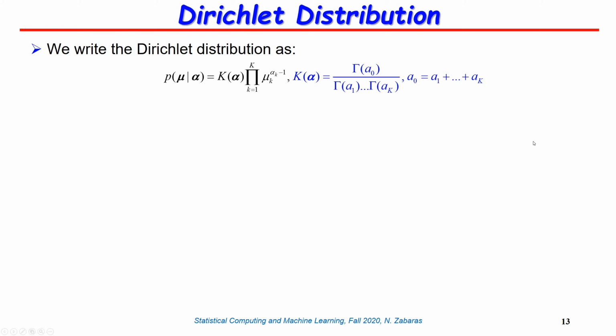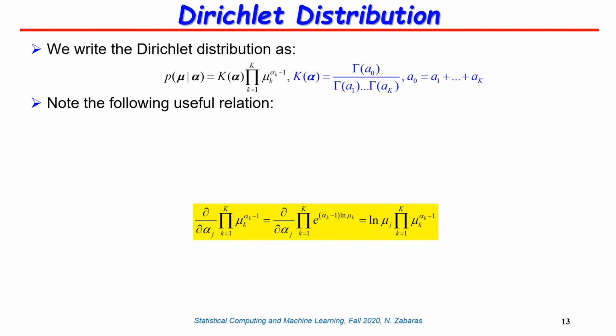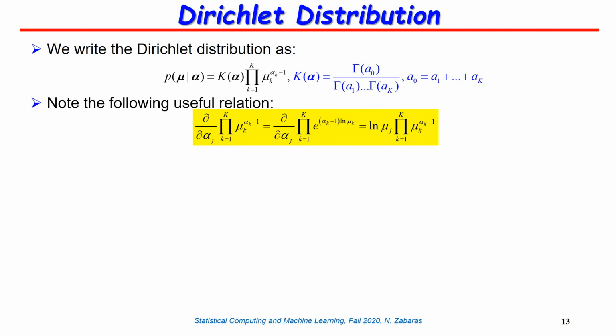So let me give you one of the results that is going to be very useful when we start doing algebra that involves the Dirichlet distribution. This result involves the expectation of the log of mu j, for j from 1 to capital K. So I need to derive an equation that will give us the expectation of the log of mu j.